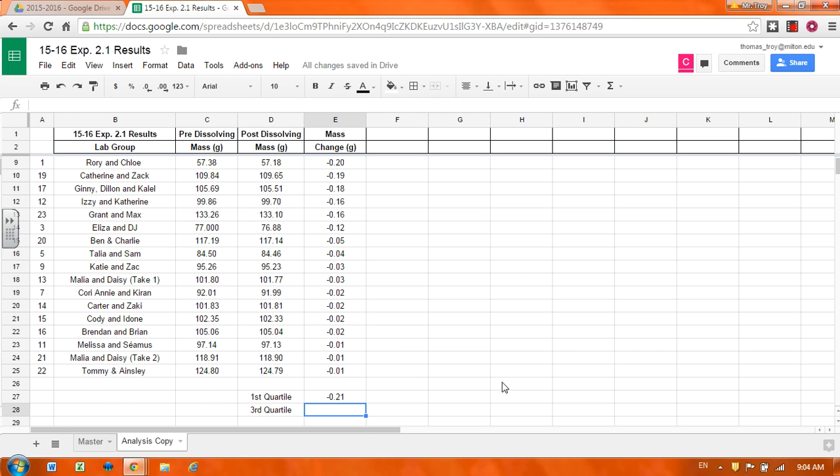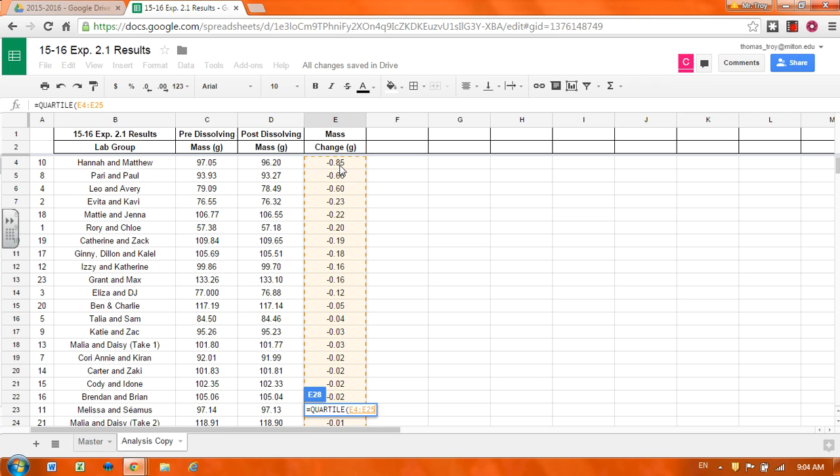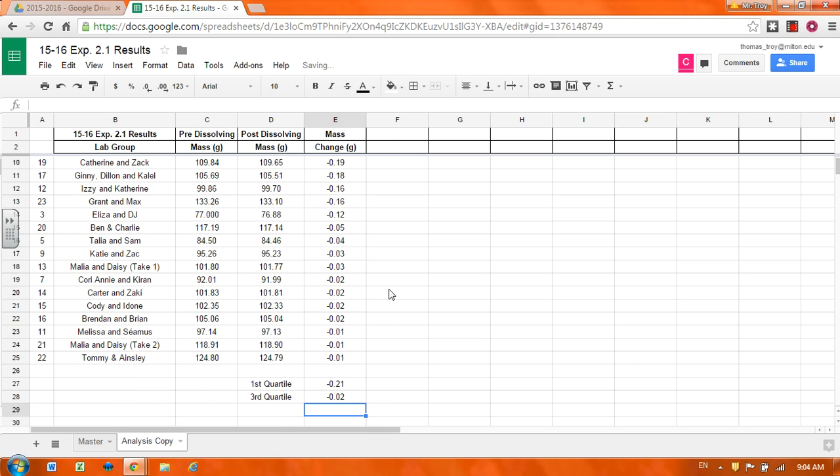And then for the third quartile, it's the same thing, equals quartile. There's the quartile option. We highlight all the data, and then we do a comma 3, enter.